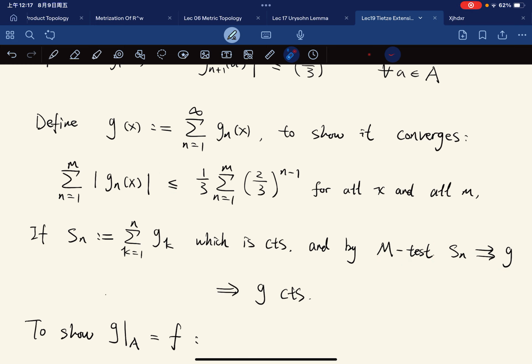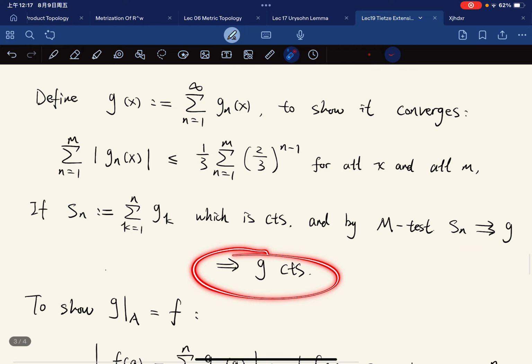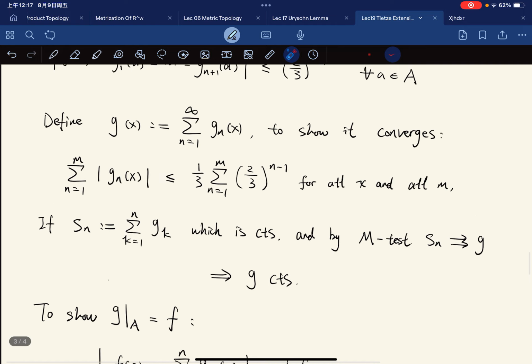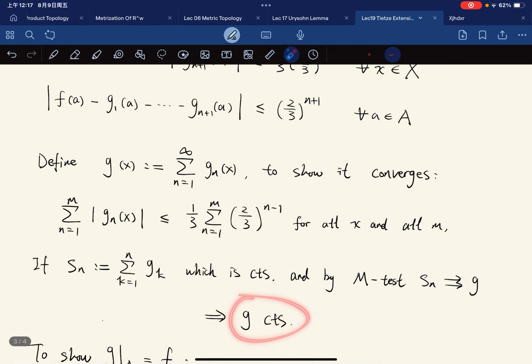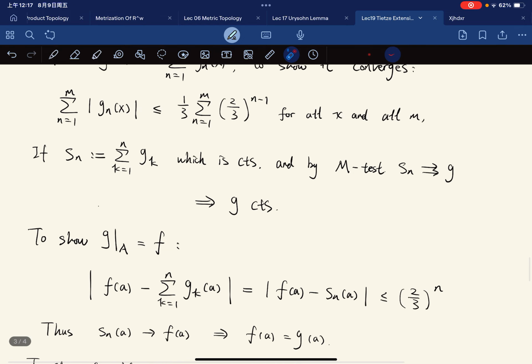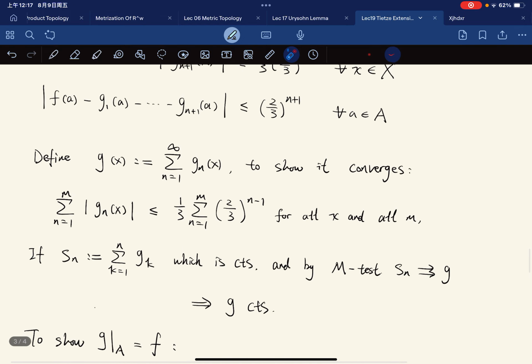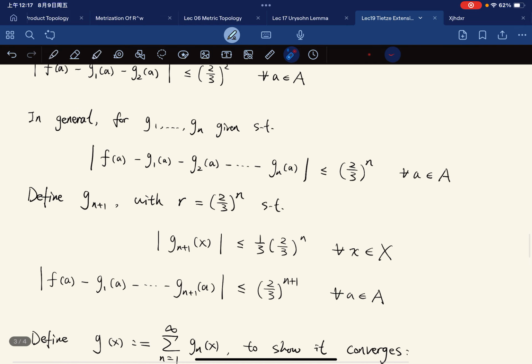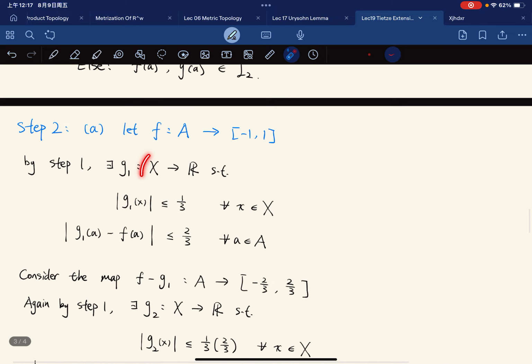So Sn converges uniformly to g, which means that g is continuous because the Sn are all continuous. So we have found a continuous function g that is defined on the entire space.